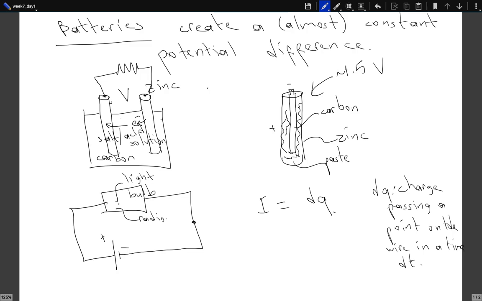So you just pick your point on the wire, count how many charges pass through your point, and in a given amount of time, the current is just the ratio.